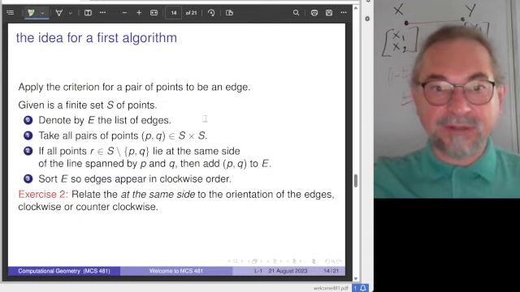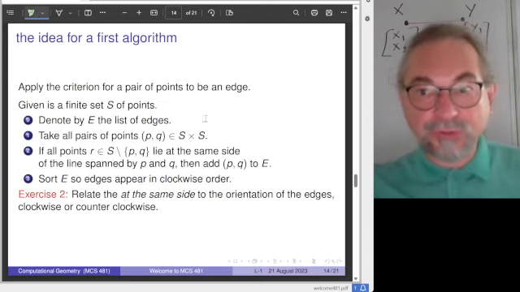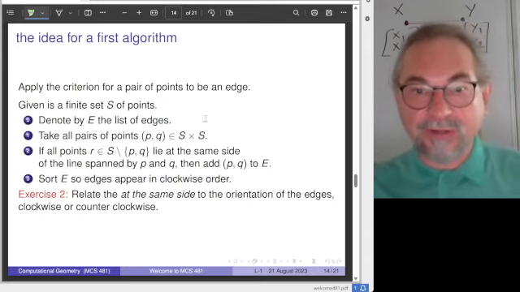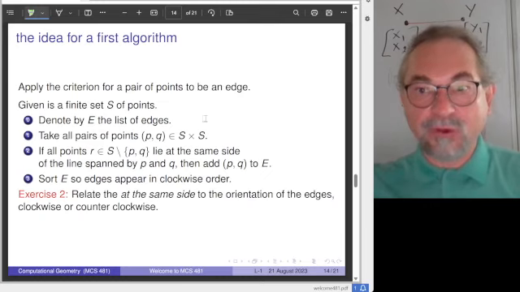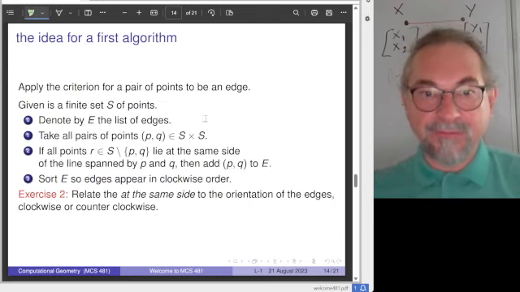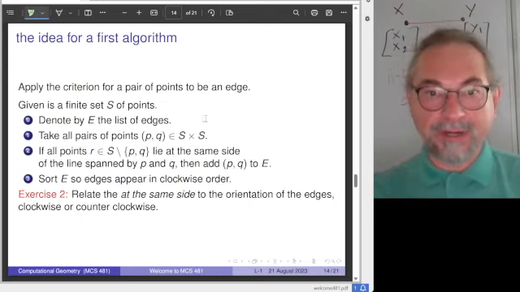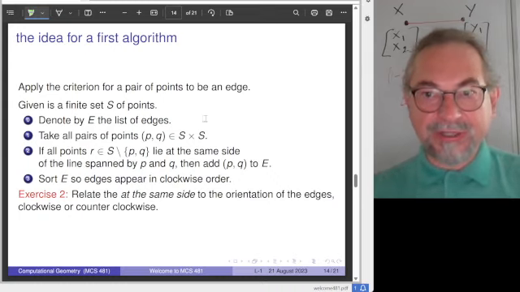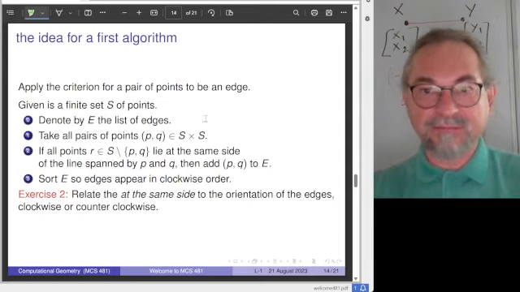And we can therefore compute the convex hull by computing all the edges. So we have a finite set, we take all pairs, and we keep the pairs if we see that all the points lie at the same side.